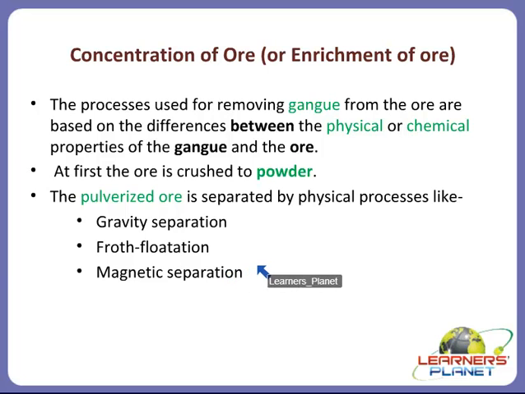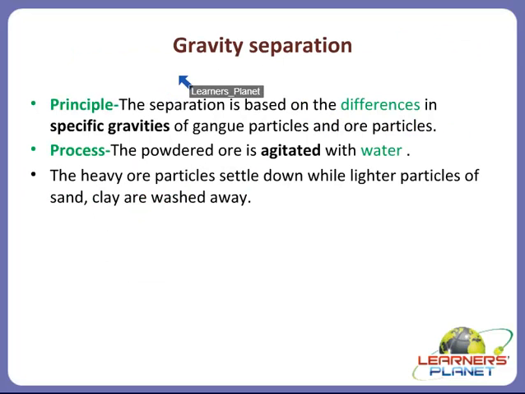Now let's take up these processes. The first process is gravity separation. As the name indicates, the ore or the metal and the impurities will have different specific gravities. Now what is the principle behind this?